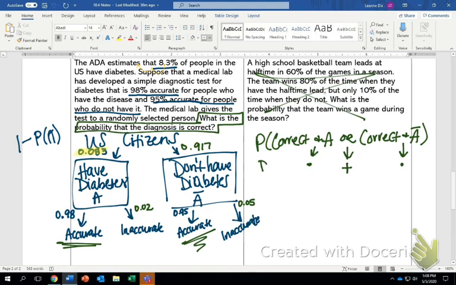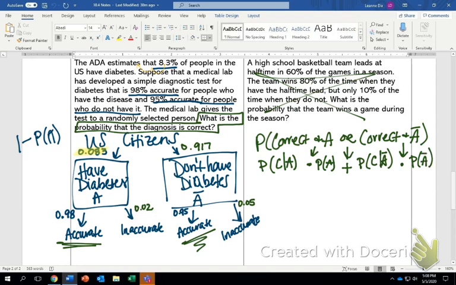So really this is the probability of being correct given that event A has happened, times the probability of the person having diabetes. And then over here, the probability of the test being correct or accurate given that the person does not have diabetes, times the probability of that person not having diabetes.